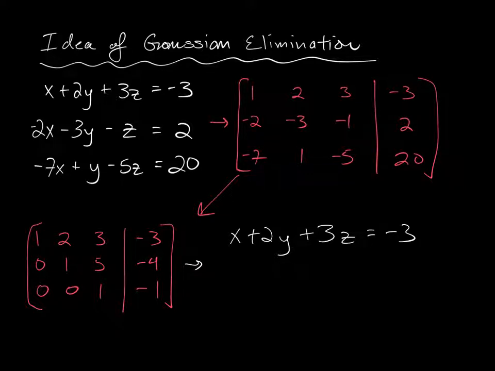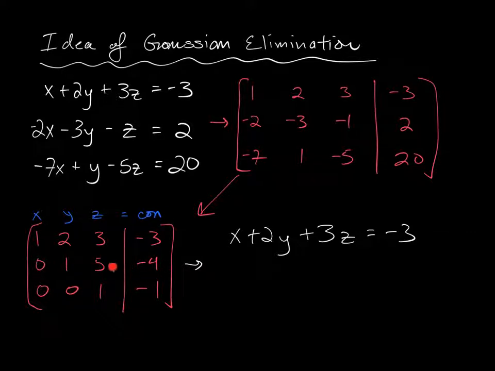You can see how I did that. There are x's, y's, z's equal a constant, just like we have always done. It's just now changing it back from a matrix into an equation. So 1x plus 2y plus 3z equals negative 3.